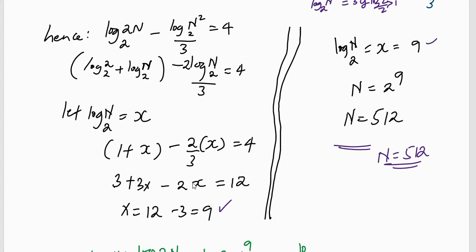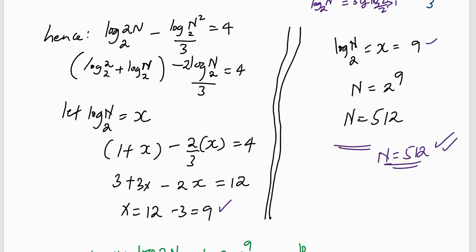So if x is equal to 9, it means log n base 2 is equal to 9. Therefore, using the laws of logarithms, n is equal to 2 to power x, and remember x is equal to 9, therefore n is equal to 2 to power 9, which is equal to 512.